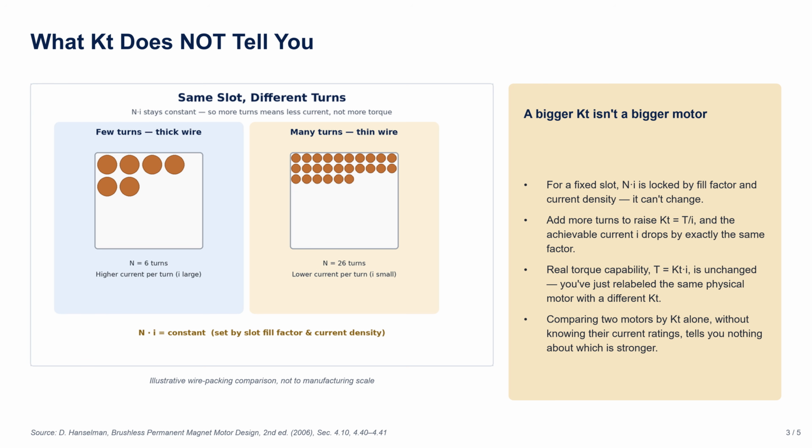The actual torque capability, T equals kT times I, stays exactly the same. You haven't built a stronger motor. You've just relabeled the same physical motor with a different kT number. This is exactly why comparing two different motor designs by kT alone, without also knowing their current ratings, tells you nothing meaningful about which one is actually stronger.